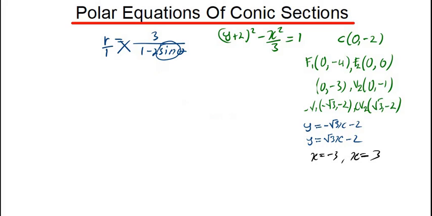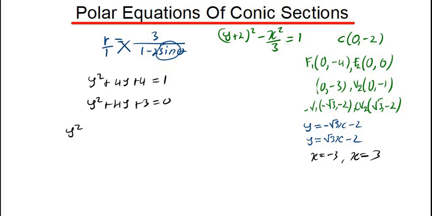I doubt if I have anything in the y, but let's just try anyway. If we make x equal to 0, you expand this part, that's going to be y squared plus 4y plus 4 equals 1. So that's going to be y squared plus 4y plus 3 equals 0, because you bring this one to the other side.